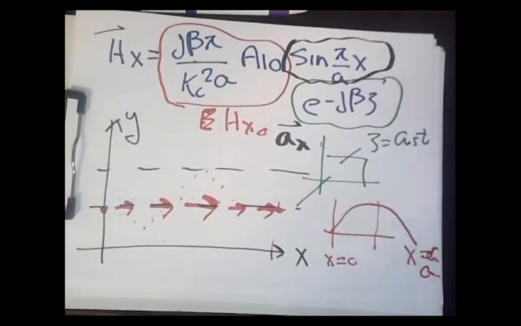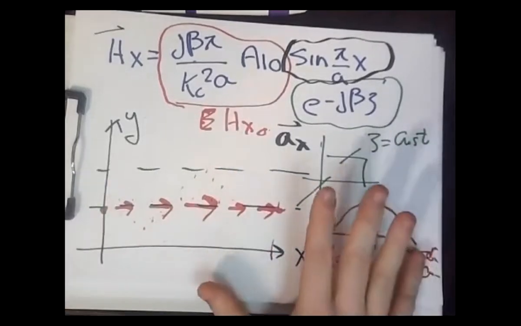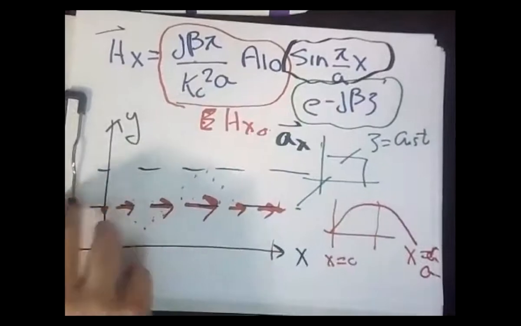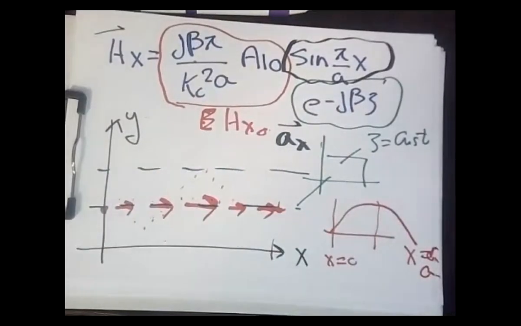Again, let me repeat, we are doing this for the TE10 mode. However, you can repeat the same with the TE11. So let's do the exercise now and plot the surface current of our example.